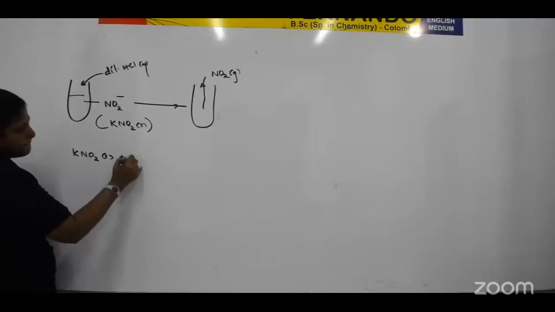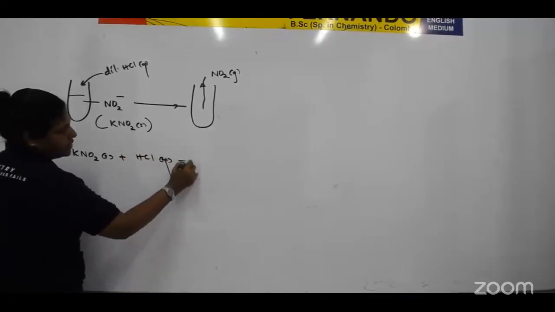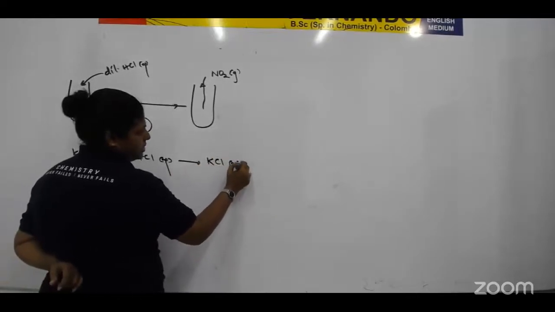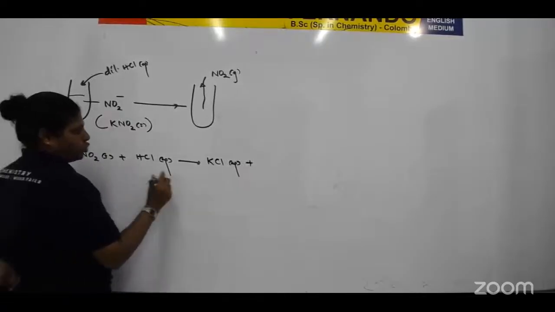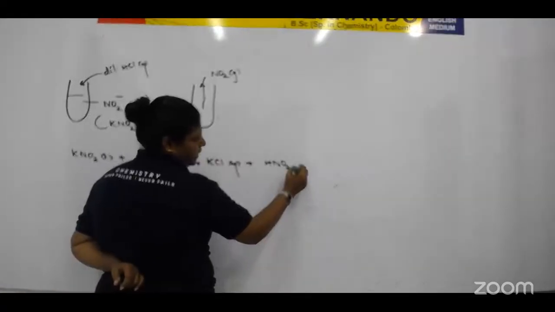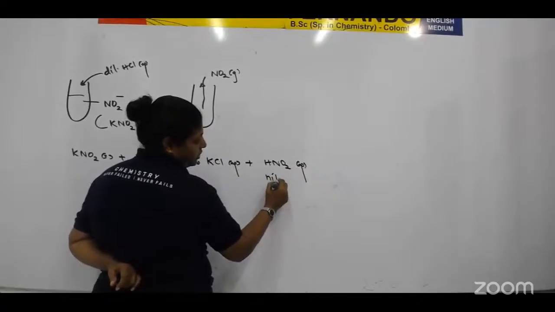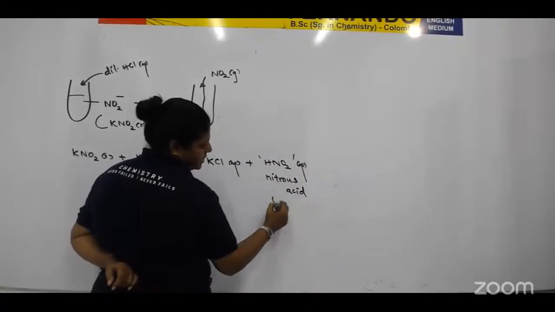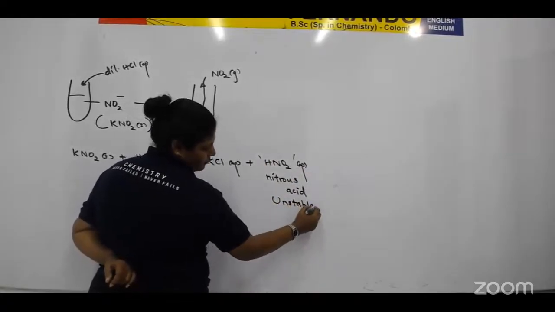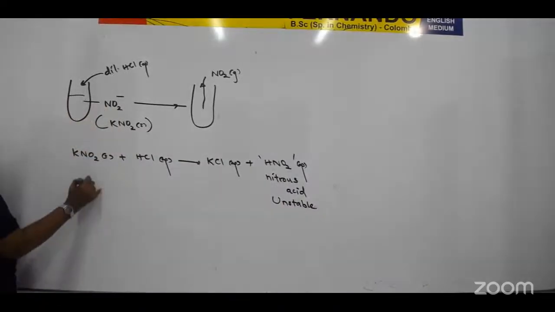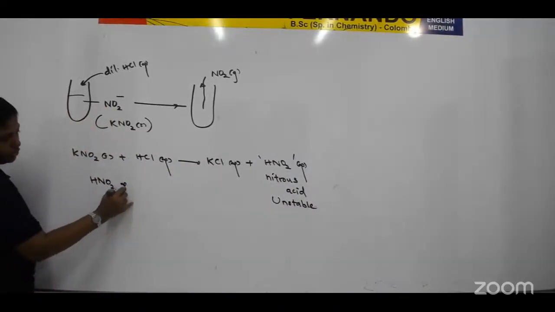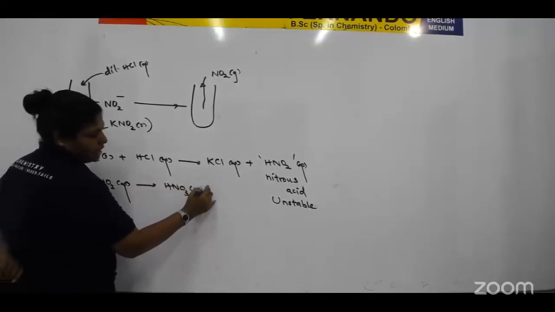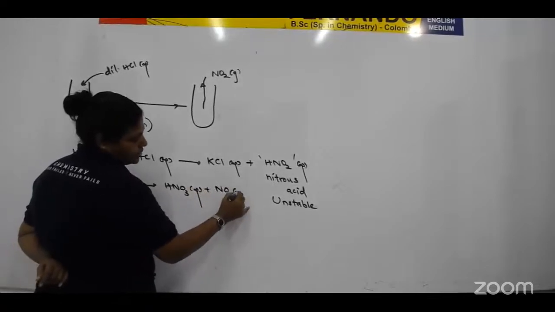Reaction: KNO2 solid reacts with HCl, double displacement, KCl plus HNO2. Remember that HNO2 is nitrous acid. Nitrous acid is unstable. It self-dissociates to nitric acid plus NO gas plus water.